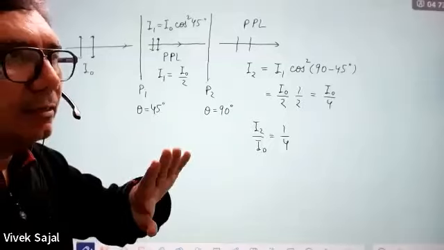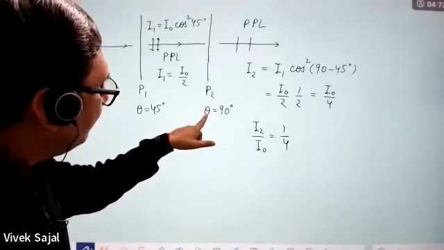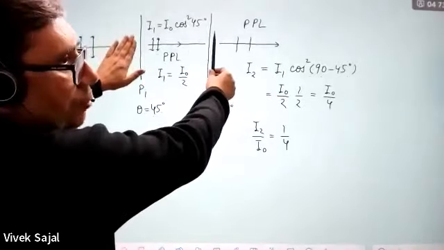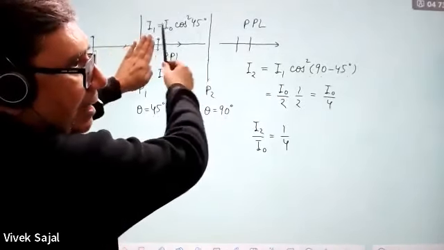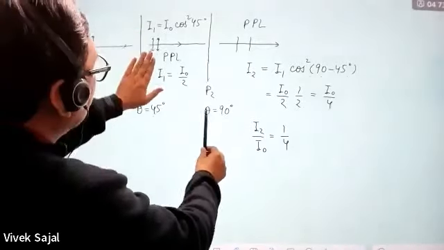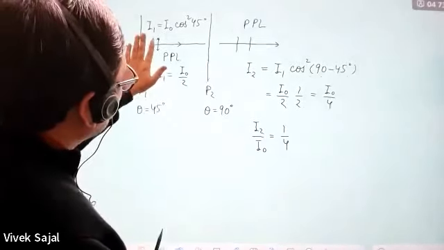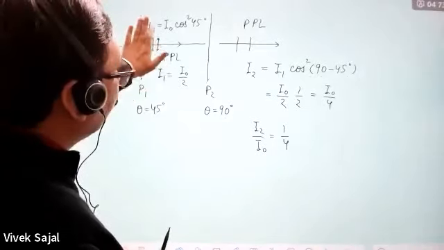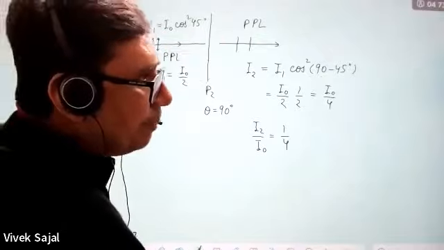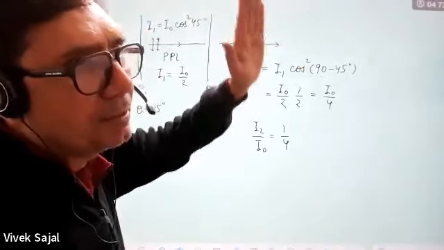What is the question actually? The student is saying that if we make the path axes of P1 and P2 parallel to each other, meaning this is at 45 and this is at 45, then the electric vector will be at 45 and the path axis will be at 45, so the complete electric vector will pass.